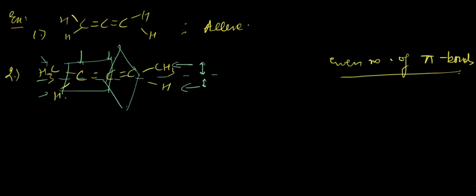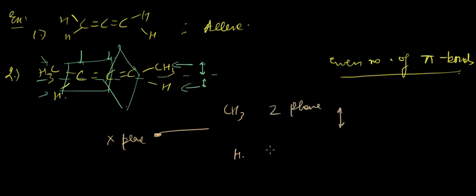If you compare the distances L1 and L2, they will not change, because this is the horizontal, you can say X plane, and this CH3 and H actually lie in the Z plane, or minus Z plane. Now here in the X plane we have CH3 and H attached here.